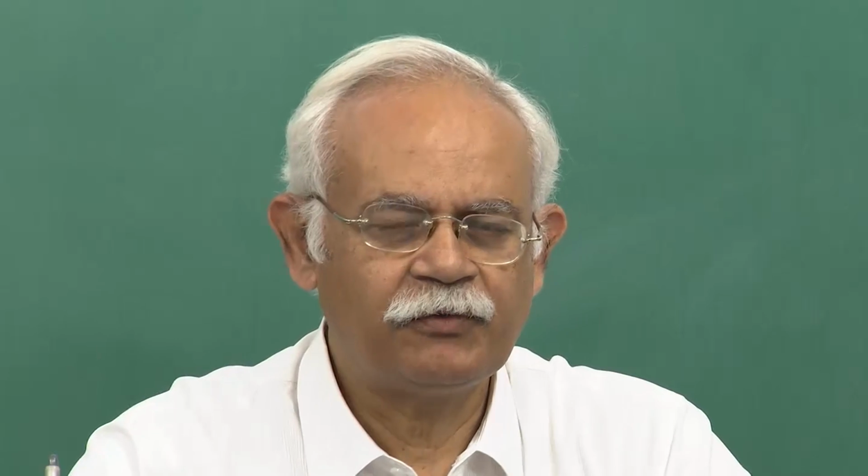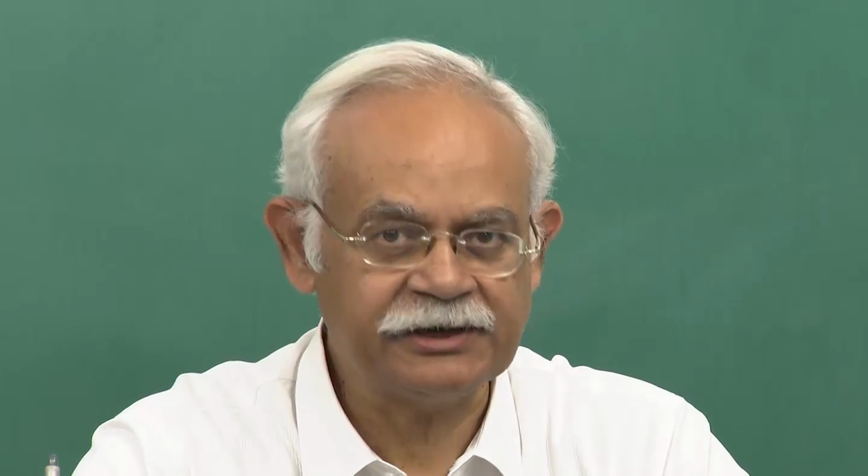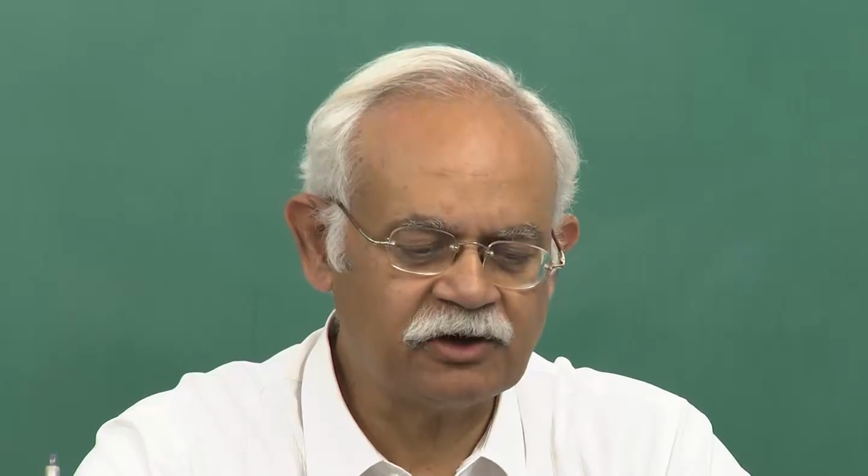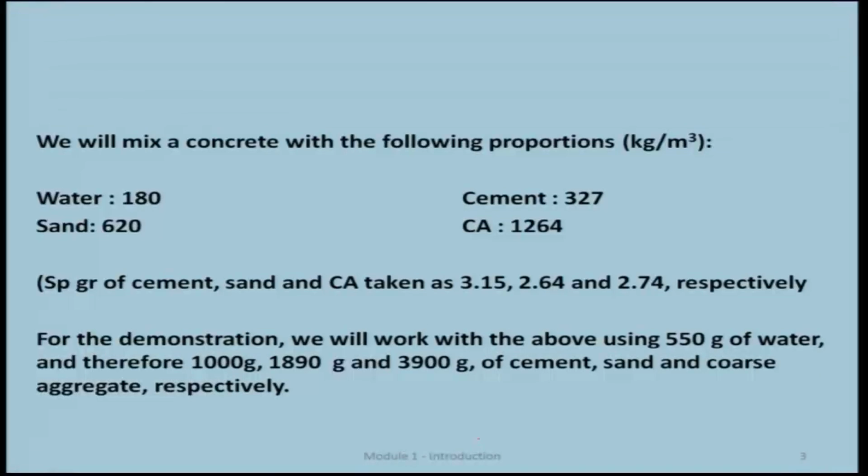For the mixing of the materials, we will mix a concrete with the following proportions. In kgs per cubic meter, or the unit contents, water is 180 kgs per cubic meter, cement is 327 kgs per cubic meter, sand is about 620 kgs per cubic meter, and coarse aggregate is 1264 kgs per cubic meter.